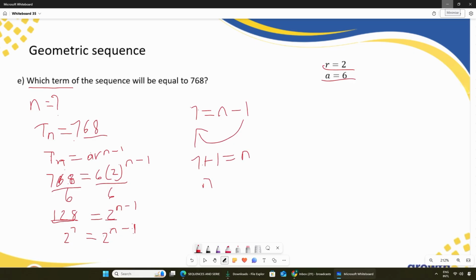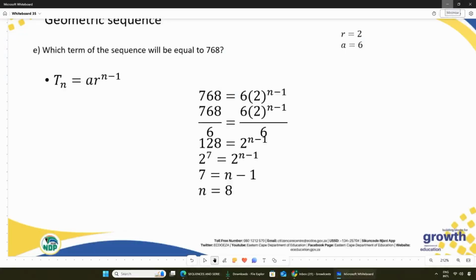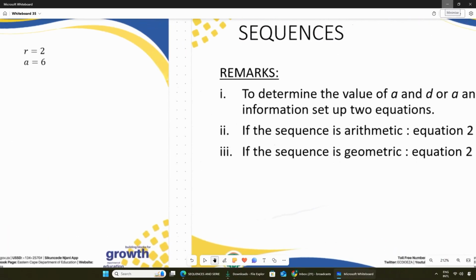So n equals 8. That is the value of n. So if n equals 8, the value will be 768. Okay, let's go to the next question. If you do that, this is the answer from the previous question. So that's how to get the answer, which is the same thing that we did. Now let's go to the next slide.